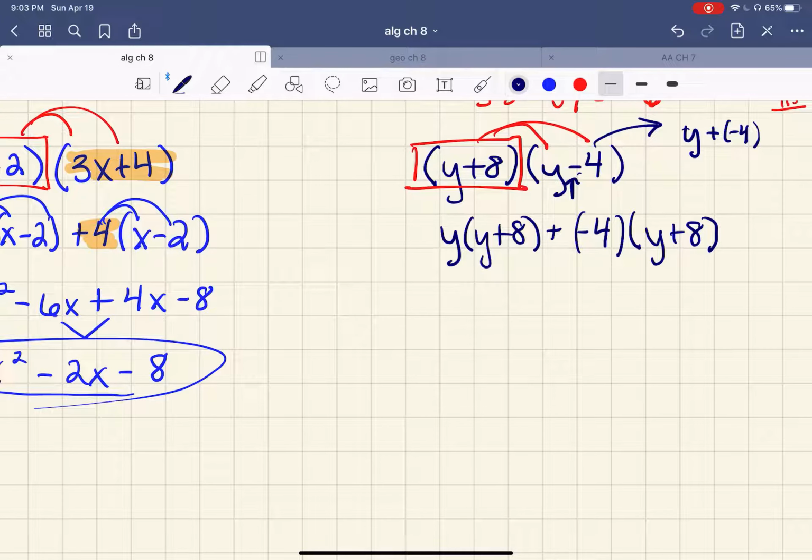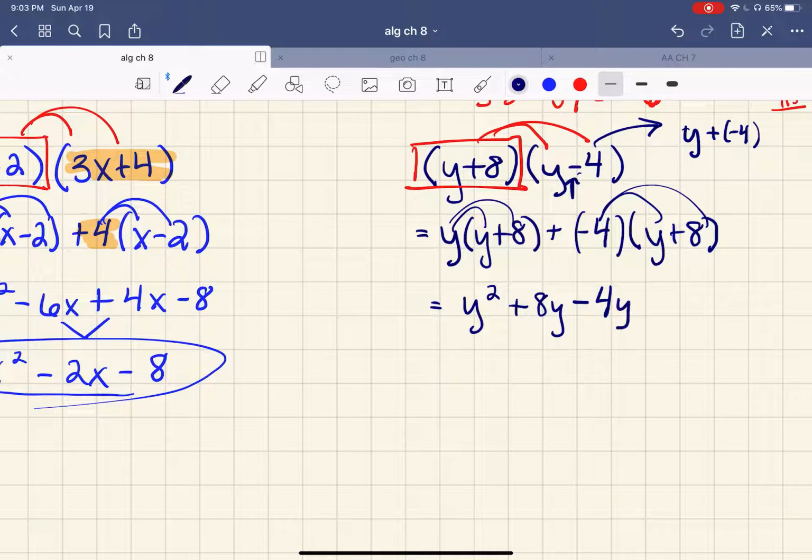Now I need to distribute again. I get y squared plus 8y. Now I'm going to do minus 4 times y, so minus 4y, minus 4 times 8, which is negative 32.